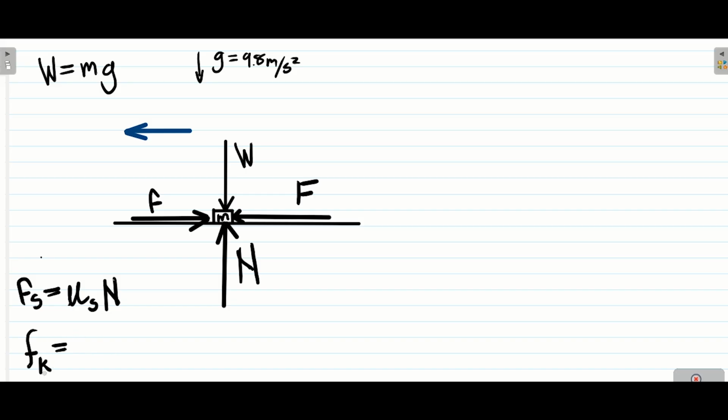So now we have a frictional force in a case where the object is moving, and it is equal to the friction coefficient of a kinetic case times the normal force. So these two equations are the same. It's just that one is for a static case that has a friction coefficient for a static case, and one is for a kinetic case that has a friction coefficient for a kinetic case.